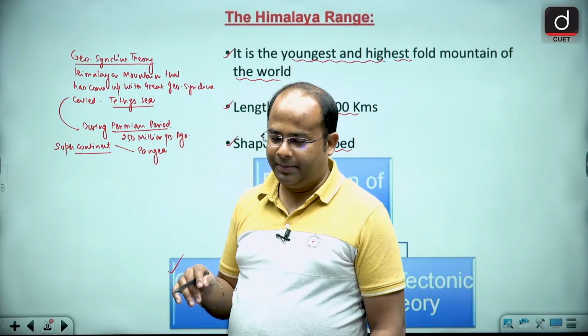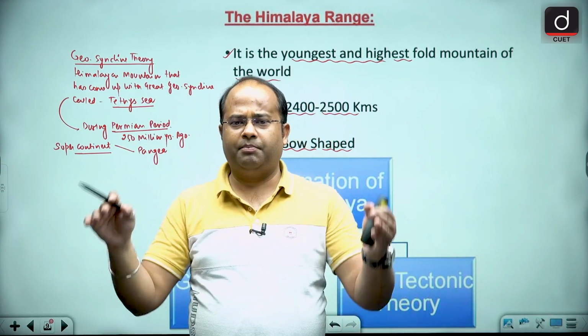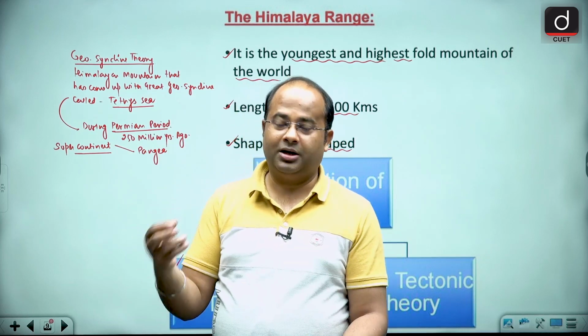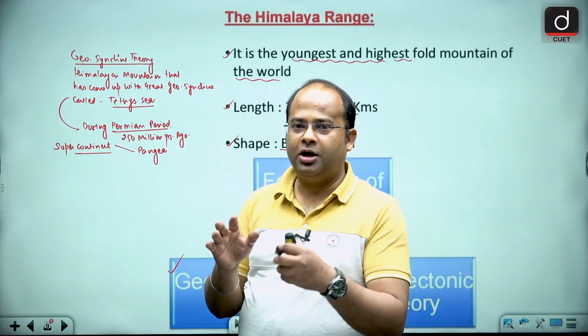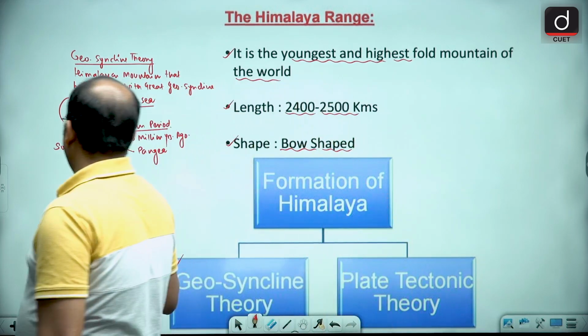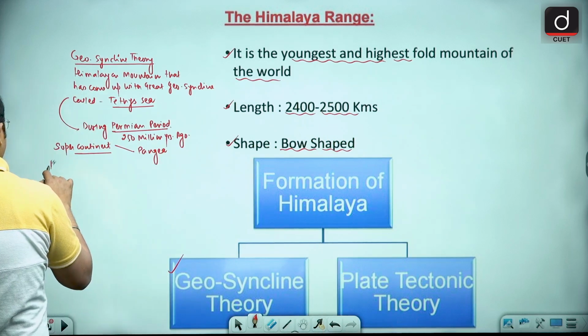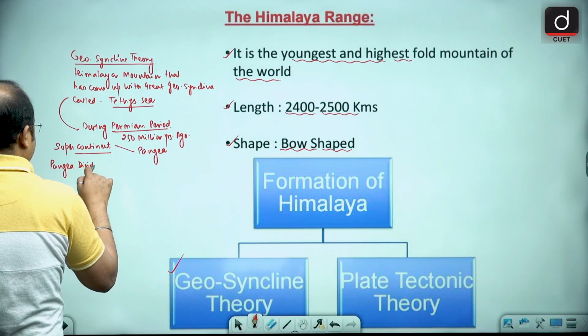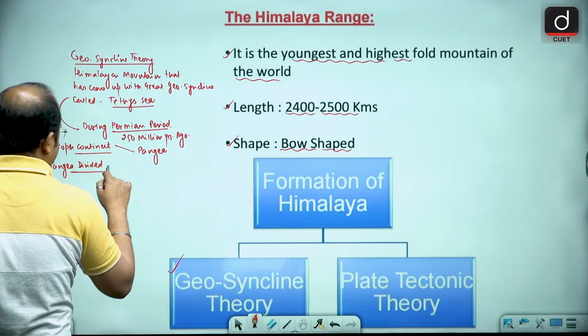And guys, what happened? When there was Pangaea, a big supercontinent, due to the gravitational forces and other forces that were being exerted, Pangaea started breaking and divided into two parts.